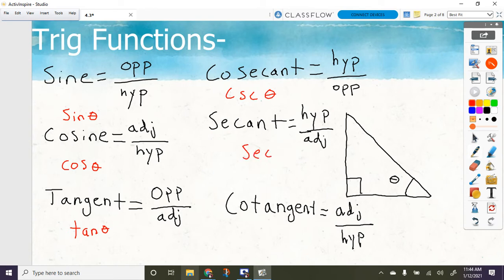Secant is sec of theta, and then cotangent is cot of theta. So really, once we've found our first three, it's pretty easy to find our next three, because we can just flip all of our fractions.